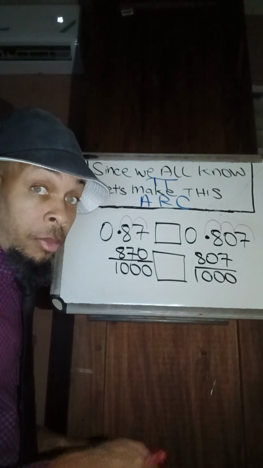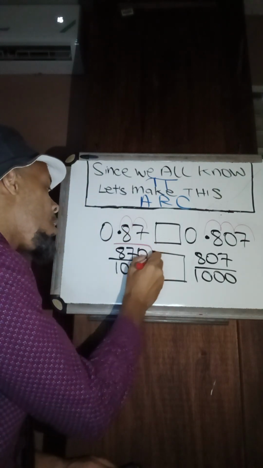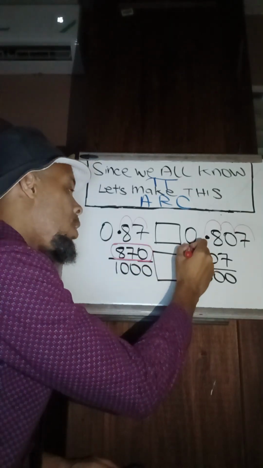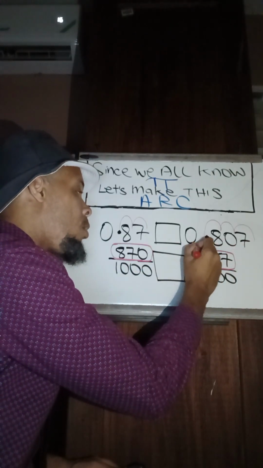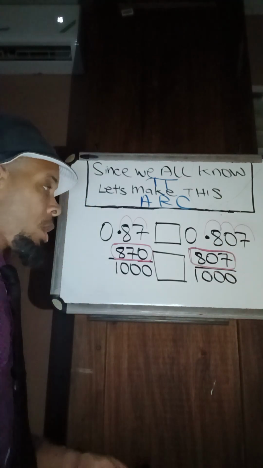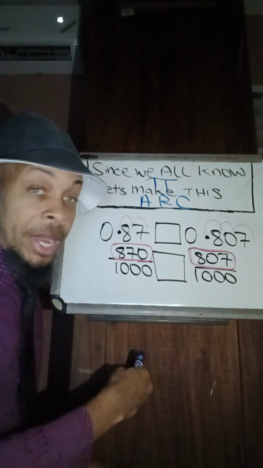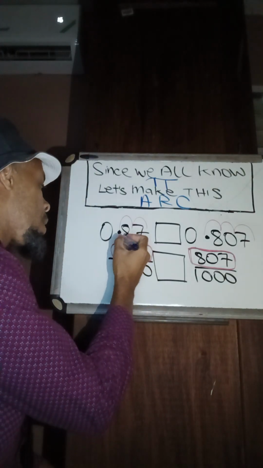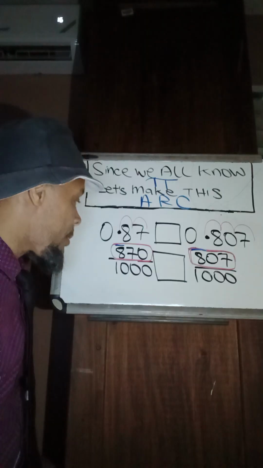No, we're onto something. Look at this. What if we now focus on the numerators? Here's where it gets even nicer now. 8 minus 8, well, that's 0.